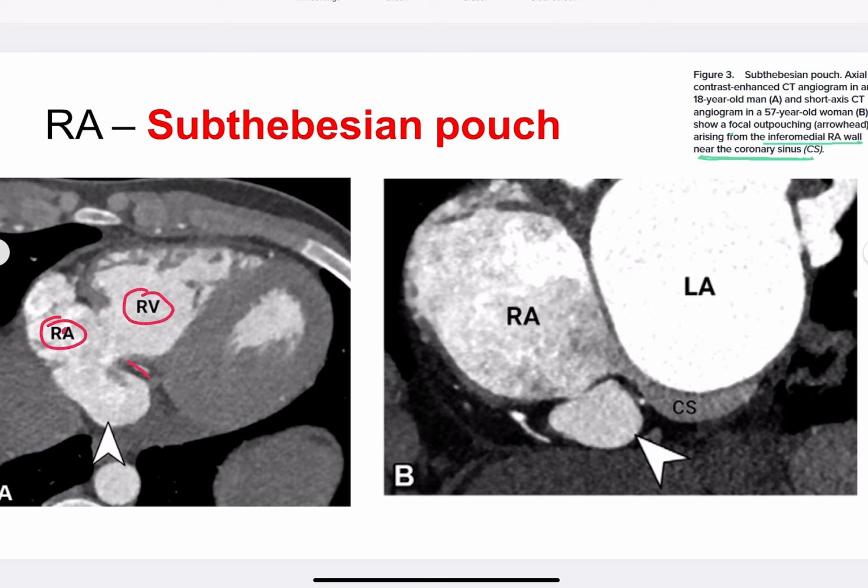Here we can see the outpouching that is arising from the inferomedial wall of the right atrium. In the second image we can see it is located near the coronary sinus. We have learned in the table that the Subthebesian pouch is located between the tricuspid valve and near the coronary sinus. So this is an example of Subthebesian pouch.